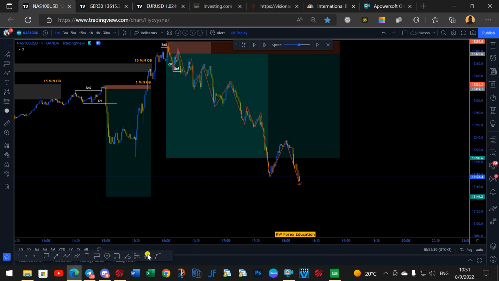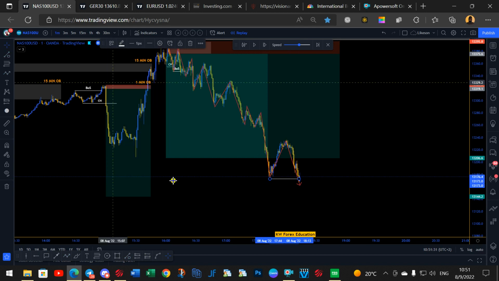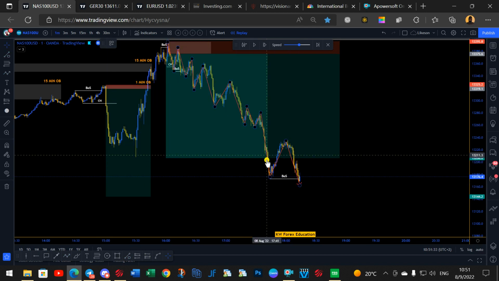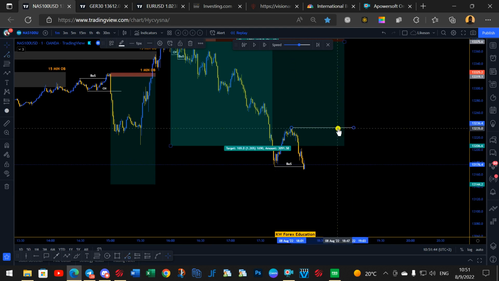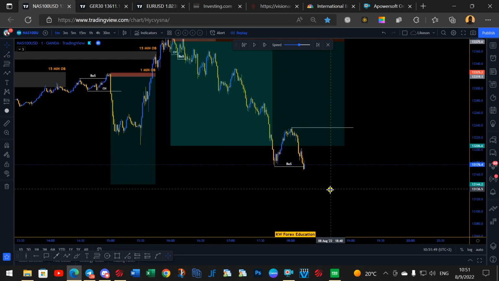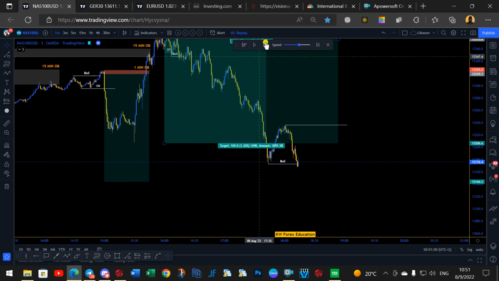So now we already know that this is our latest break of structure. I can just remove that. That's our latest break of structure, and that's our highest point. So you want to see the highest point to be broken. That is when you can get out of the trade, right?